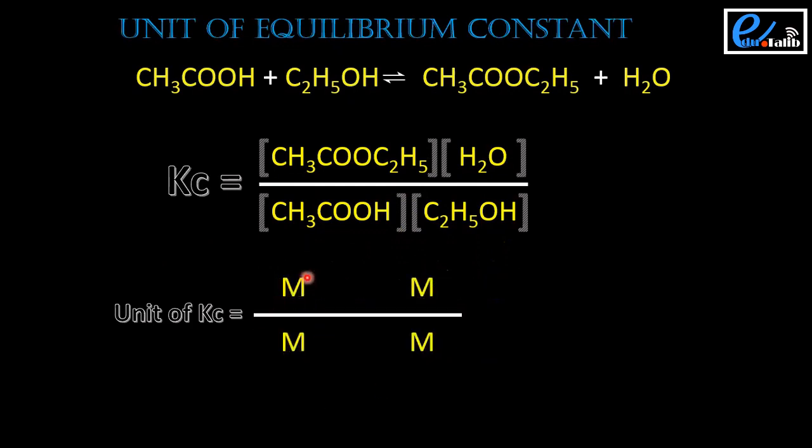Now we cancel out M with M, and once again the M should be cancelled. So nothing remains. So this should have no unit. So for this particular esterification reaction, there is no unit for the Kc.